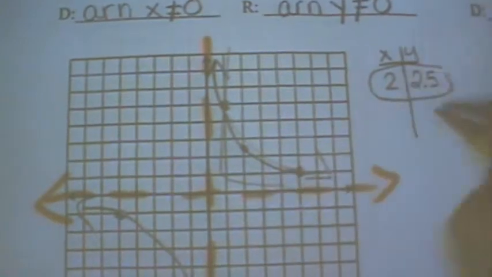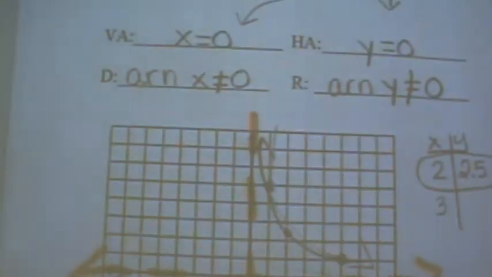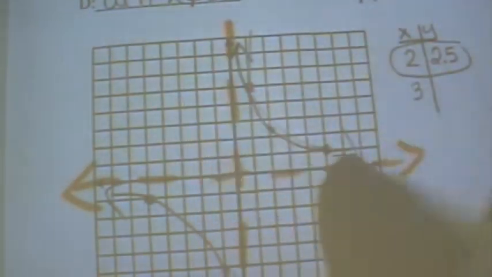How accurate you want to be is how much time and effort you put in. If you need a table, you can easily plug in. Every extra point besides these two will make your graph more and more accurate. Does that make sense? I could put a 3 in. I could put a 4 in. And you would see how it's curving. All right, let's try another one.